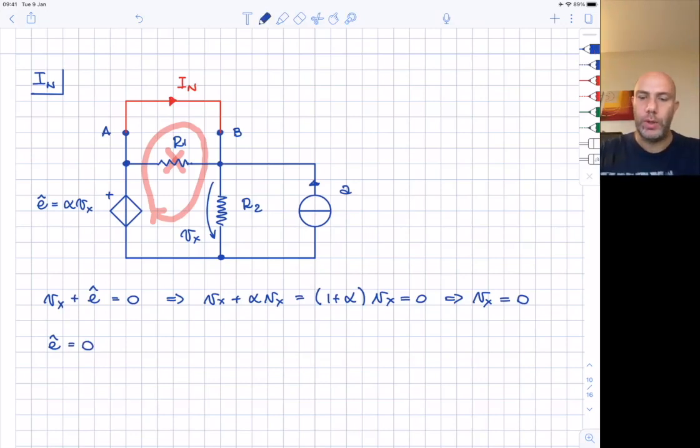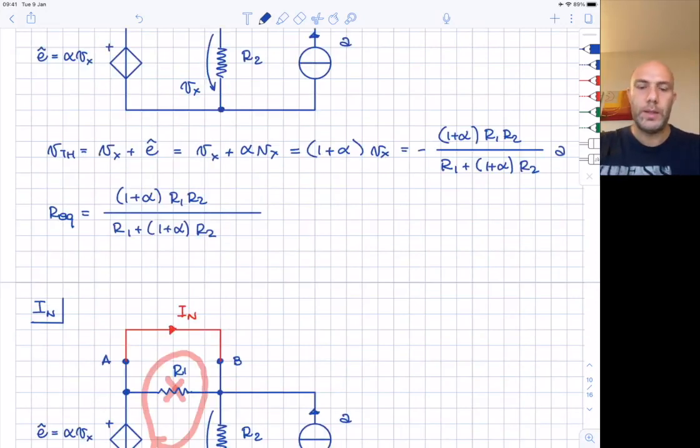So in this circuit, we can see that the current of the current generator flows through the short circuit. And so we can easily say that IN equals minus A. It's easy also to see that this result can be obtained if we take the ratio between VTH and R equivalent. That is the formula that allows us to transform the Thevenin's equivalent into its Norton's equivalent.